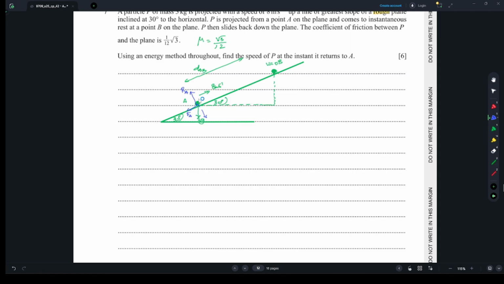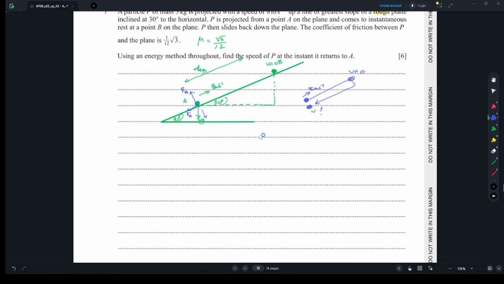So they are asking the velocity. So the particle goes from A to B, this point B, and then it's coming back. So here it starts with 8, and then they're asking this velocity. So here it stops and then again comes back. So this velocity is what they are asking.